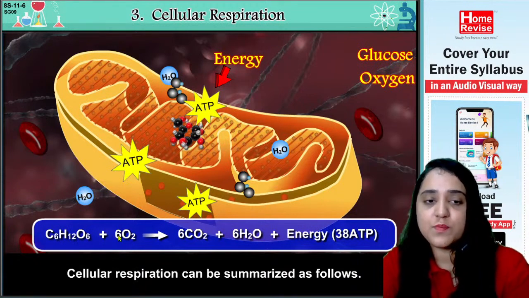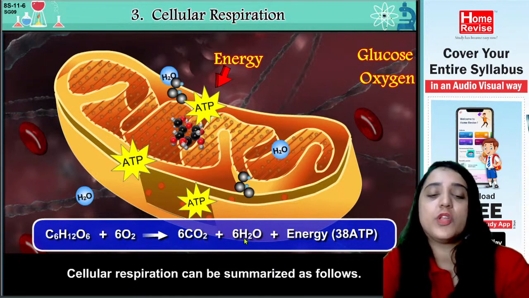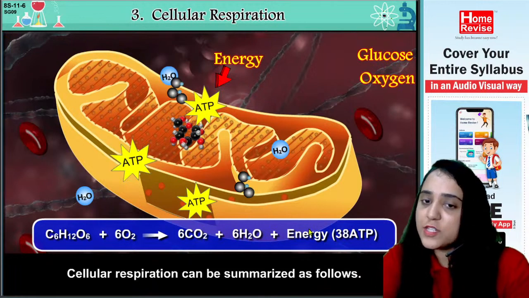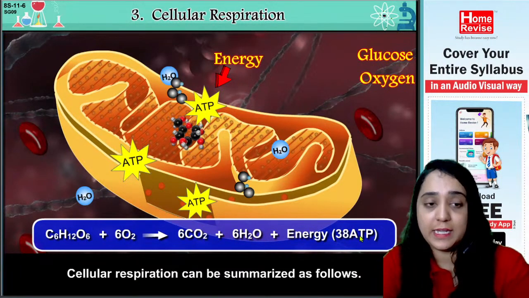C6H12O6 plus 6 molecules of oxygen will give us 6 molecules of carbon dioxide and 6 molecules of water, plus energy released in the form of ATP, which gives us 38 ATP.